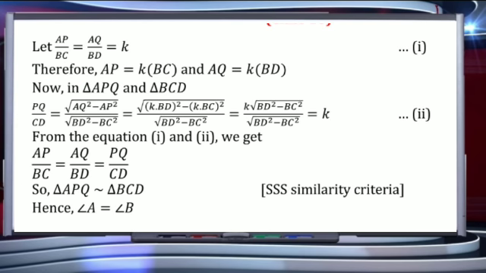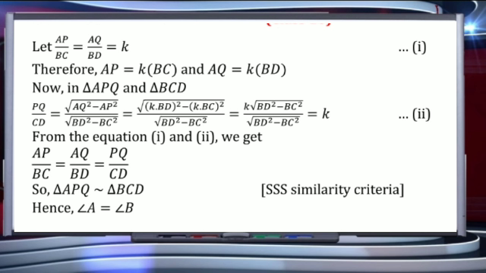Now, because the two ratios are equal, let us consider them equal to some constant K. So therefore, AP will become K times BC and AQ will become K times BD. So now in triangle APQ and triangle BCD, PQ upon CD is equal to under root of hypotenuse square minus the other side square.